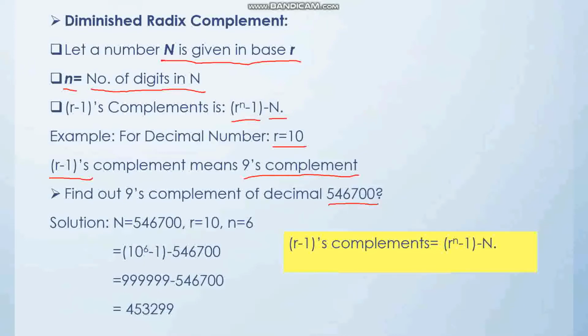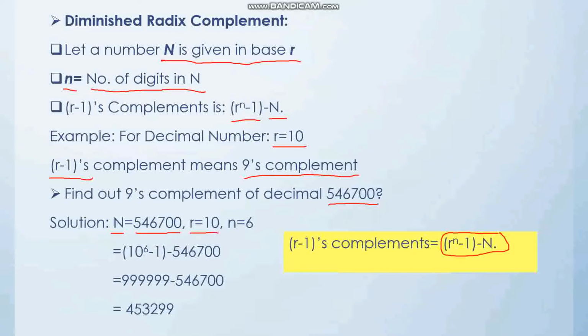So what is the formula to calculate the r minus 1's complement? R raised to the power n minus 1. Then we will get an intermediate result and subtract capital N, the actual number, from this intermediate result. What is capital N here? 546700, the original given number.